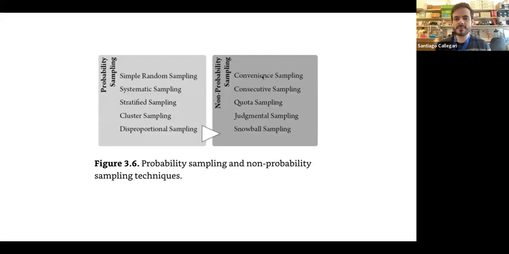That is the one that is commonly used in almost all the clinical trials. That is just the patients that are enrolled in the study or the patients that attend the healthcare settings. And this has its advantages and disadvantages, but this is a common source of bias for many trials, and you always need to take into account that convenience sampling, even though it's very frequently used, can introduce bias into the study.